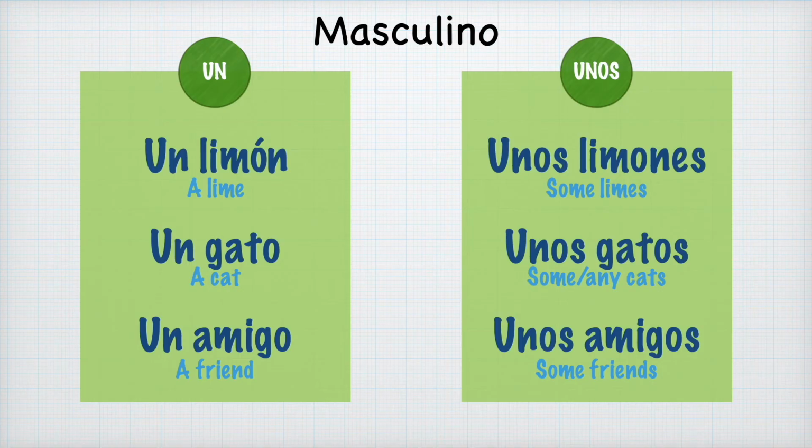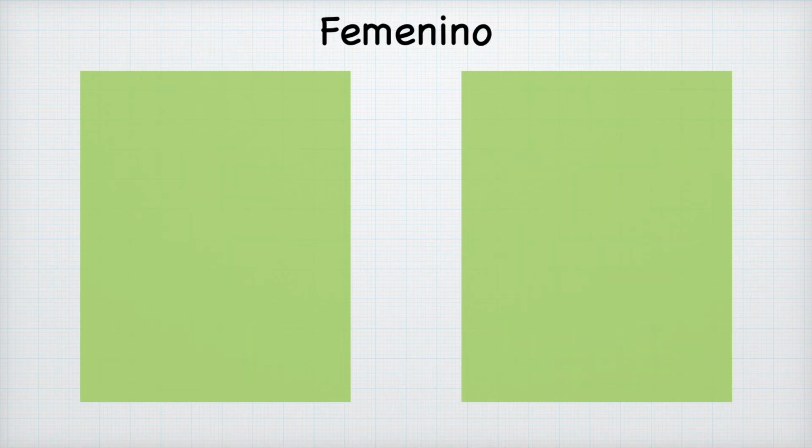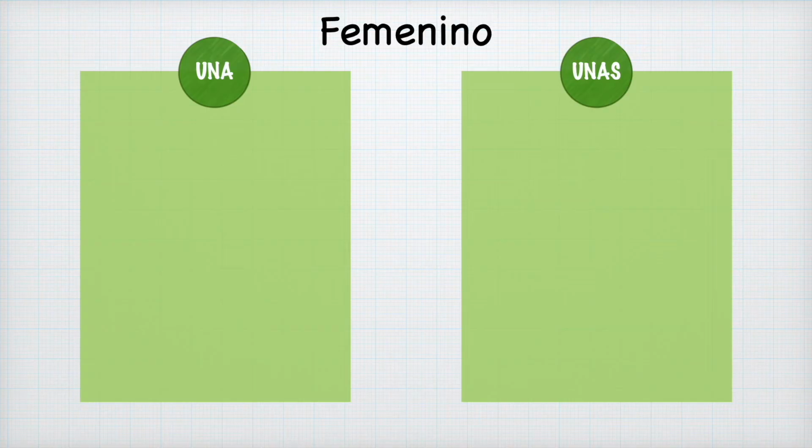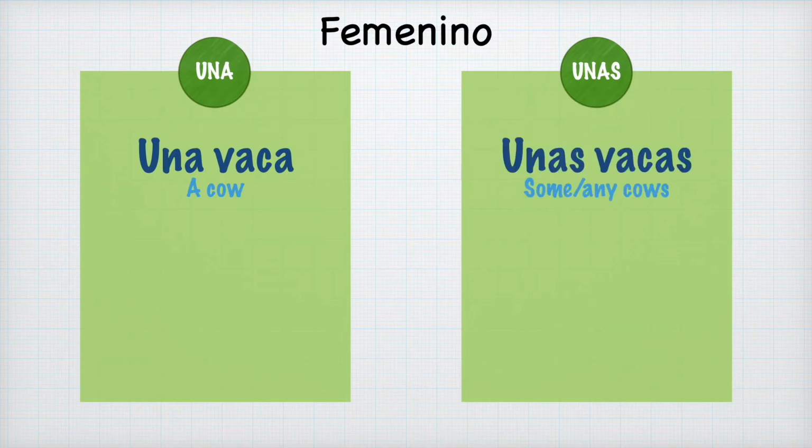For the feminine nouns, we're going to use una for singular and unas for plural. Again, with unas meaning some or any. For example, una vaca, a cow. Unas vacas, some, any cows.